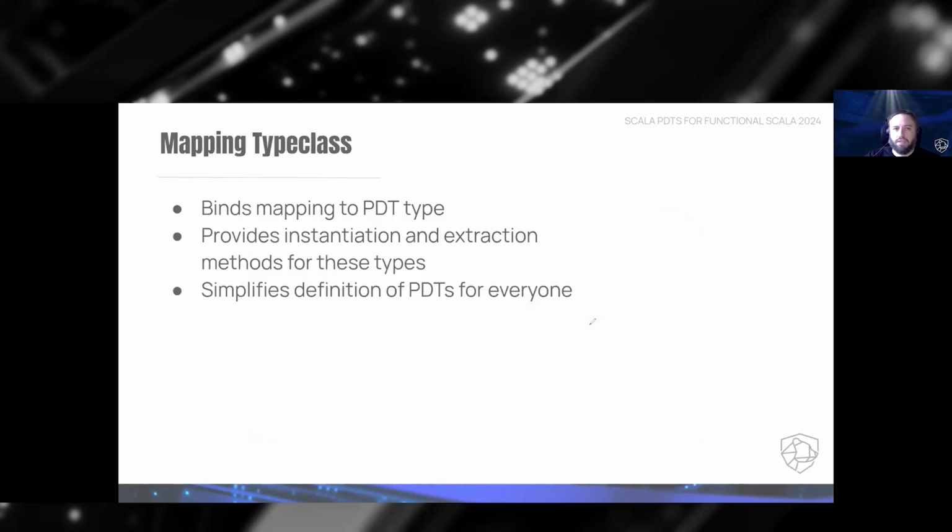And to do that, we define a type class named Mapping. This Mapping type class will bind mapping information, the mapping match type, to the PDT type, act as an official way of stating that this type here is actually a PDT, and it provides instantiation and extraction methods for these types. And finally, it simplifies the definition of PDTs for everyone.